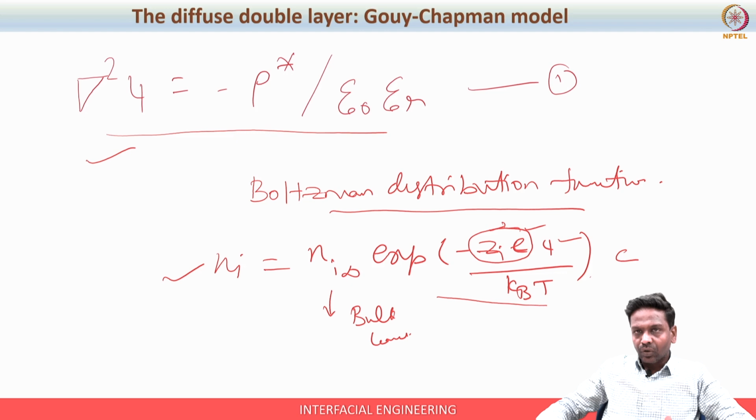Coulomb is equal to joule per volt, that we know, so volt means joule per Coulomb. This will be joule, and this is also joule. So, you will finally have a dimensionless term. This part will be dimensionless, and we are talking about the number of ion distribution.